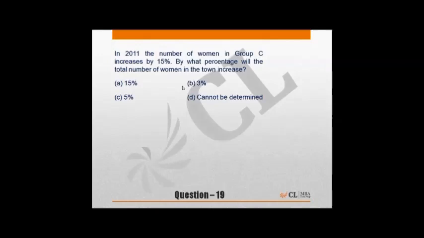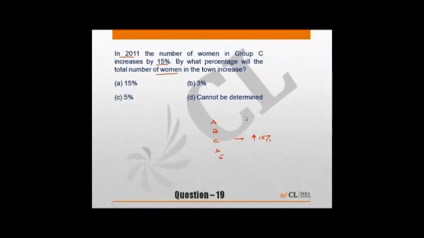Question 19. In 2011, the number of women in group C increased by 15%. By what percentage will the total number of women in the town increase? In 2011, the percentage increase for women is given to us for group C. So if I look at A, B, C, D, E, group C has gone up by 15%.